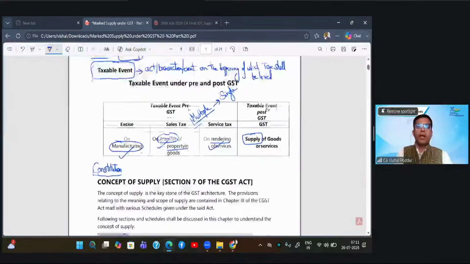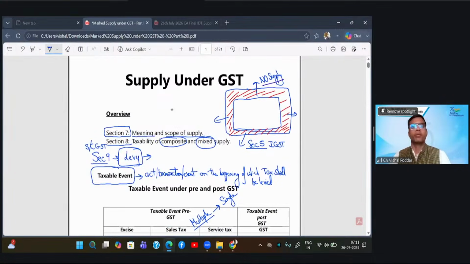So we are understanding supply with the help of this small diagram. This whole box, the entire box, represents your commercial transactions. Out of the commercial transactions, some which are the outer layer of this box have been specifically kept outside GST, and this is our step one.